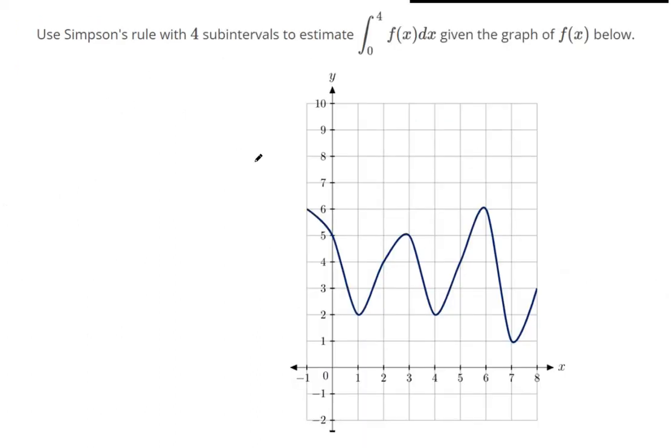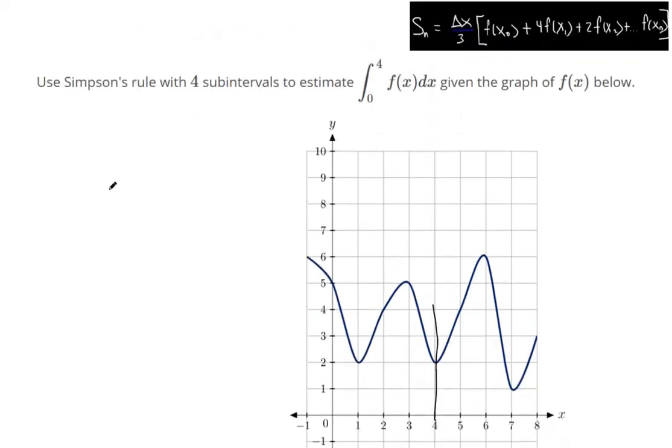If it's a graph, it's the same type of thing: 0 to 4, estimating the area under the curve, 4 subintervals, so 0 to 1, 1 to 2, 2 to 3, 3 to 4. You just get the y values from the graph. So using Simpson's Rule, delta x is 1 because that's the length of each interval. f of x sub 0 has a y value of 5.